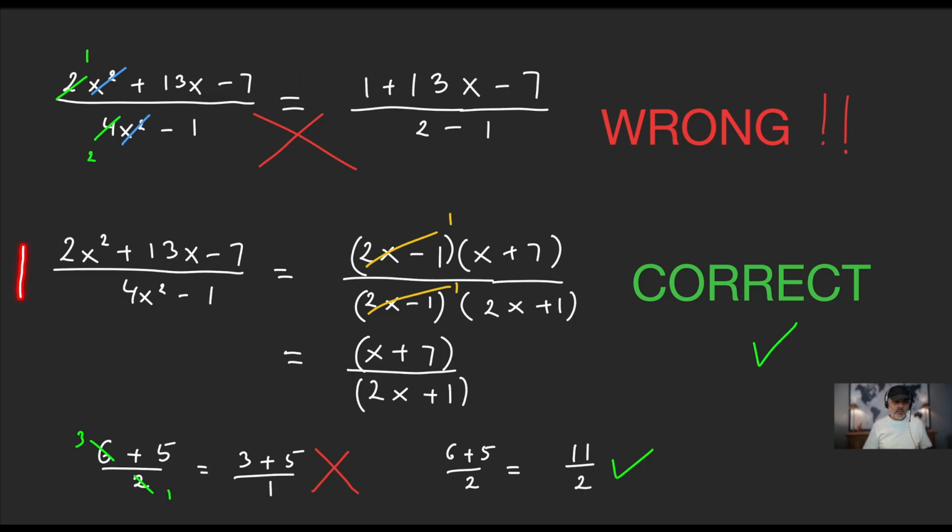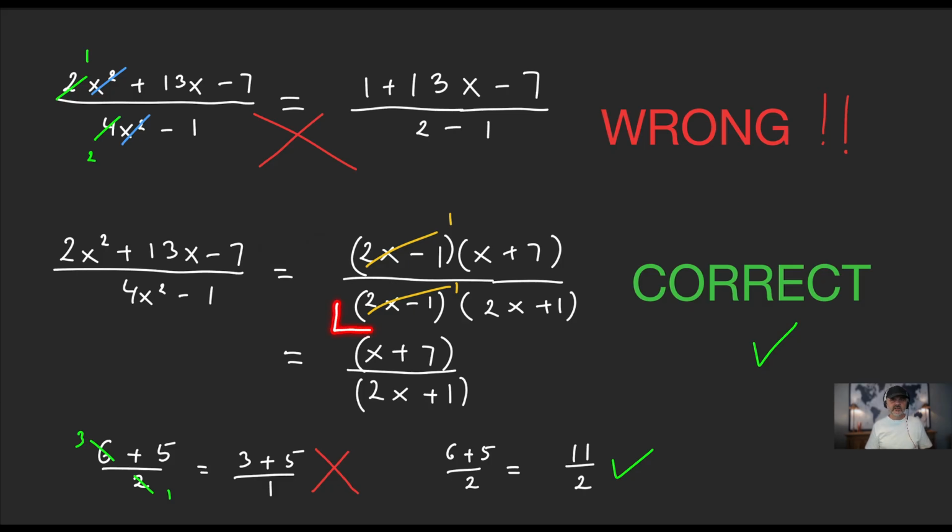So let's go over the same question one more time. We have this trinomial on top divided by binomial, and then we proceed to factoring. Remember the video we did in the past? We showed you how to factor and then how to reduce the expression. So 2x minus 1 on top and bottom becomes a common factor.